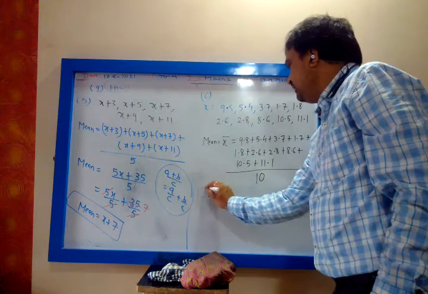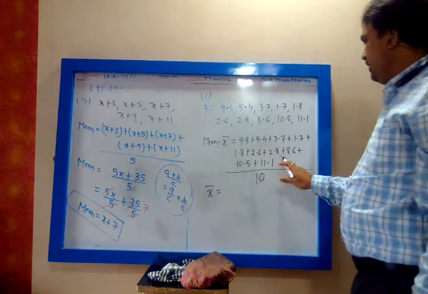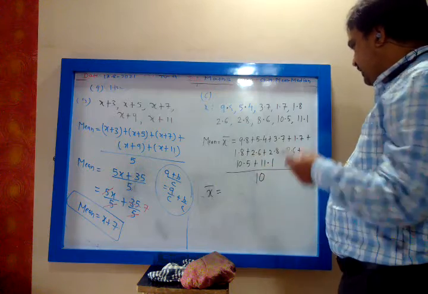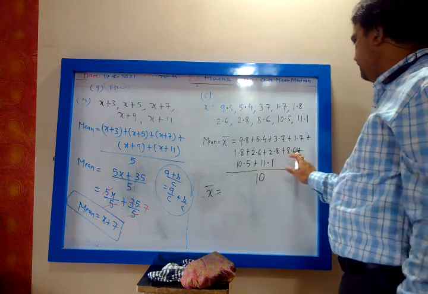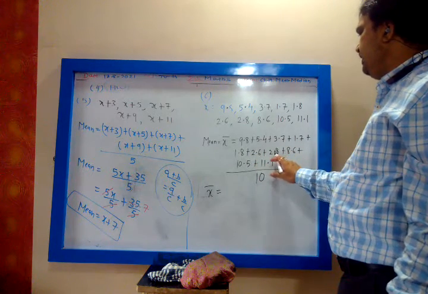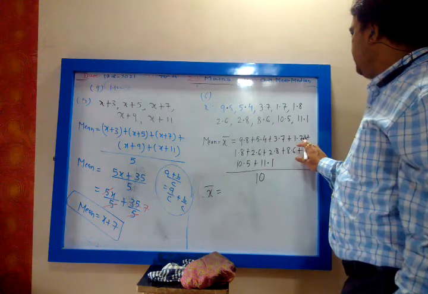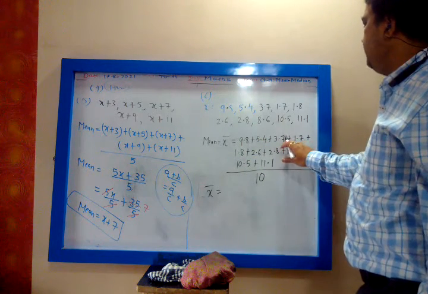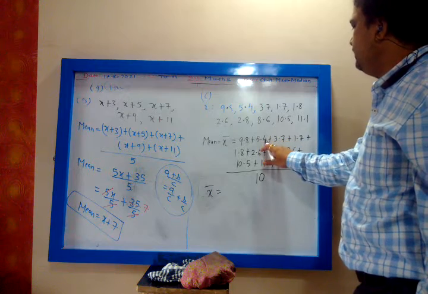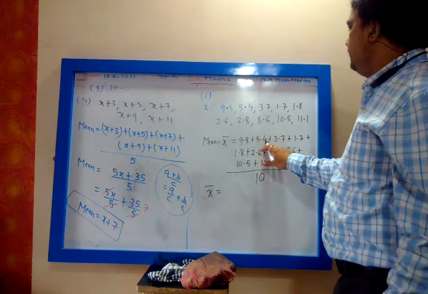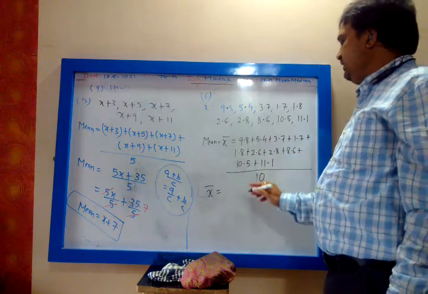So mean x bar is, add the values. 1 plus 5, 6, 6 plus 6, 12, 12 plus 8, 20, plus 6, 26, plus 8, 34, plus 7, 41, 41 plus 7, 48, 48 plus 4, 52, 52 plus 8, 60.